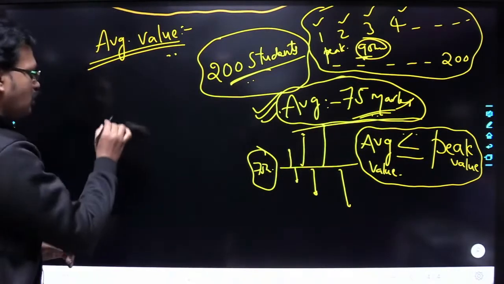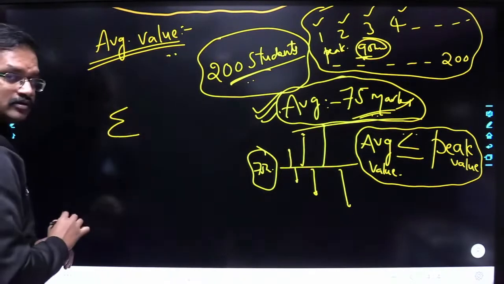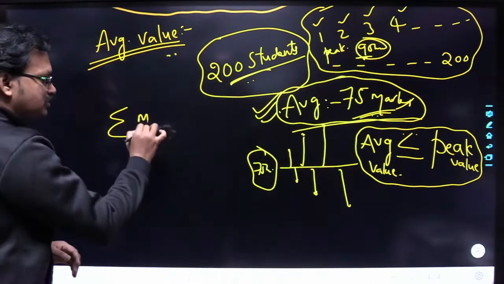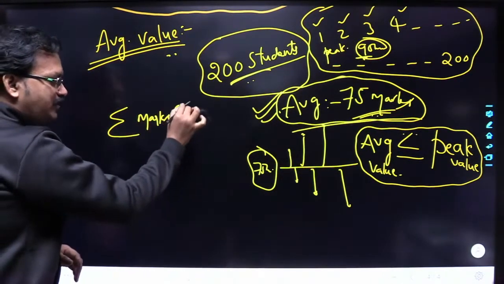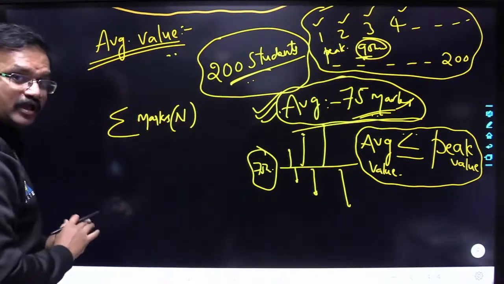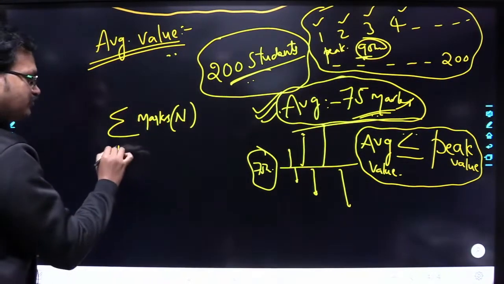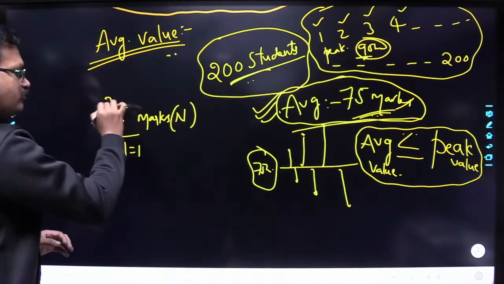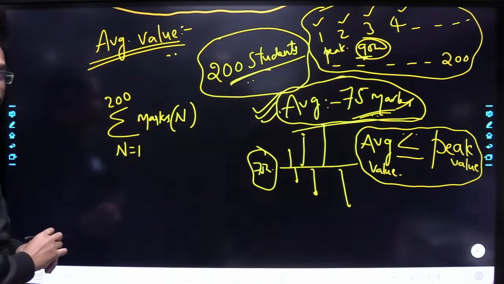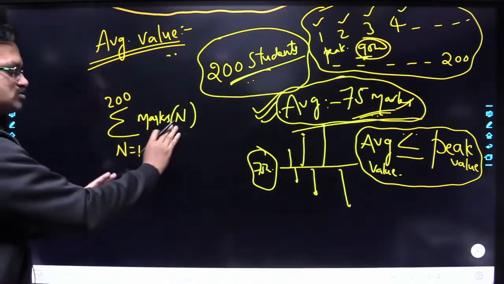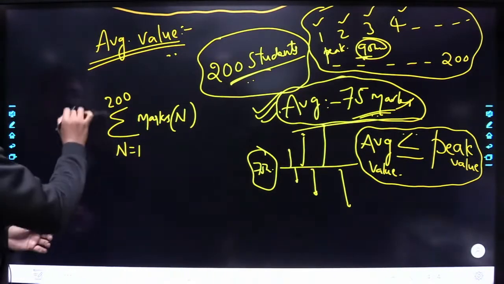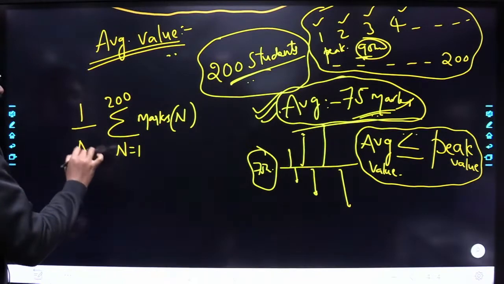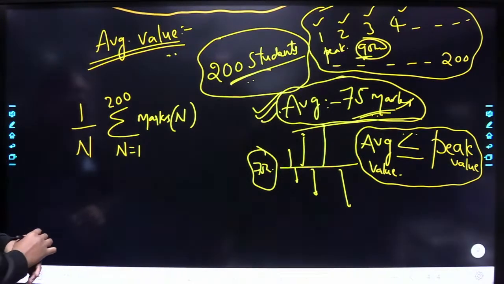So we have added the marks of some n students, where n is varying from 1 to 200. You are adding the marks of n students, where n varies from 1 to 200. Next you have to divide this by the total number of students, that is 1 by n.